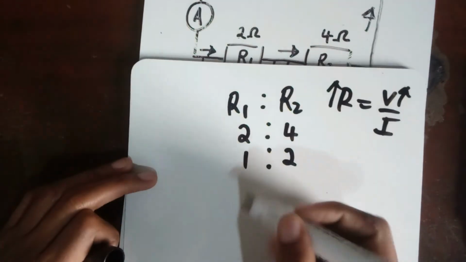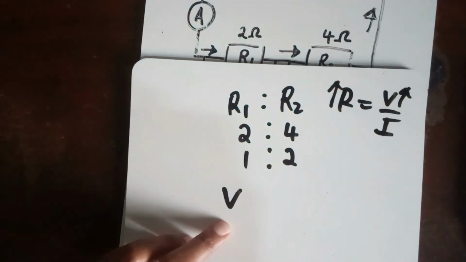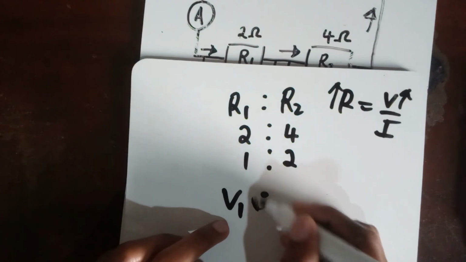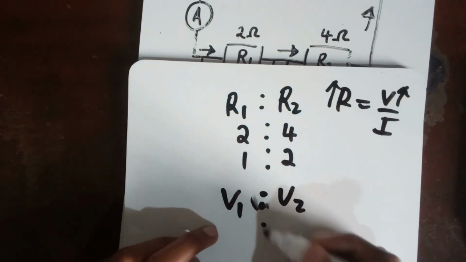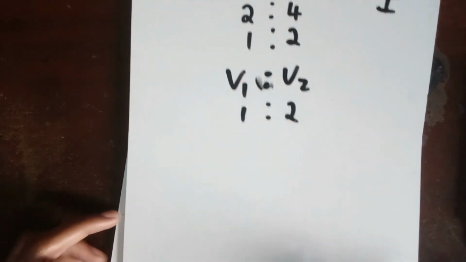This means that the ratio of the potential difference at resistor 1 to V2 would also be 1:2. But then why is this important?